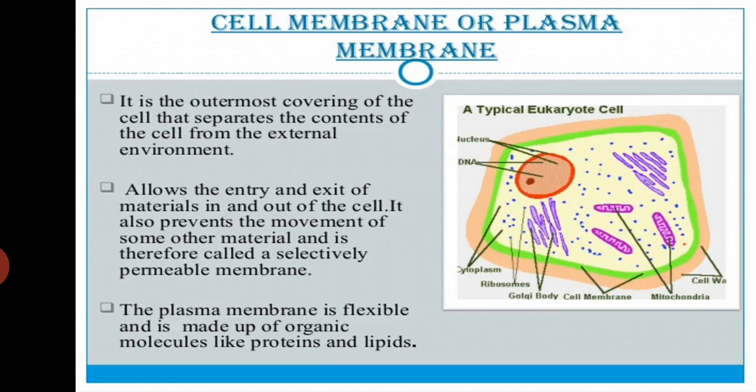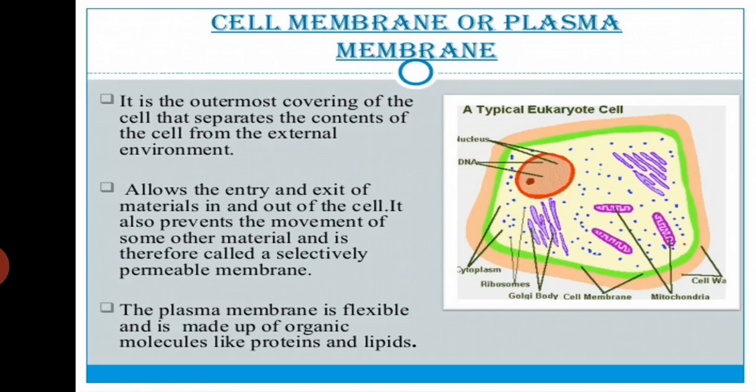The plasma membrane is flexible and is made up of organic molecules like proteins and lipids. Generally, the plasma membrane is called the sandwich structure. That means it is composed of two layers. A plasma membrane is a bilayered structure, with an outer layer and an inner layer, and in between these two layers we have proteins embedded in it.